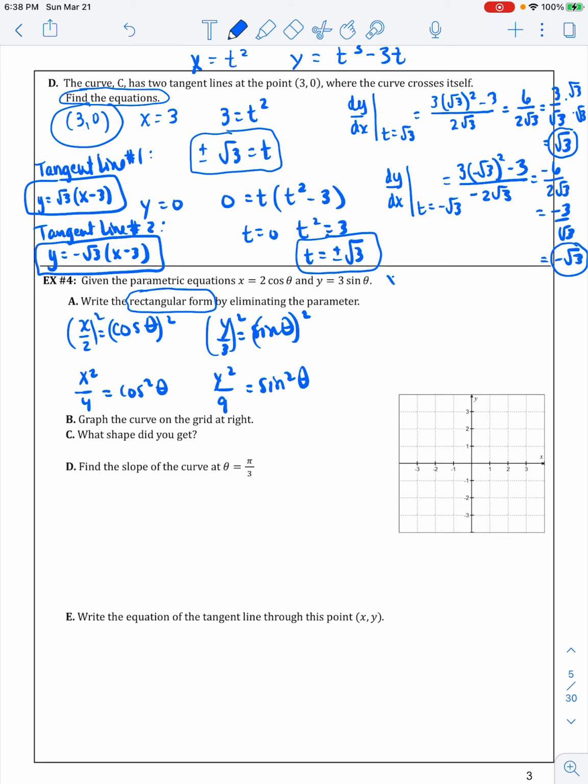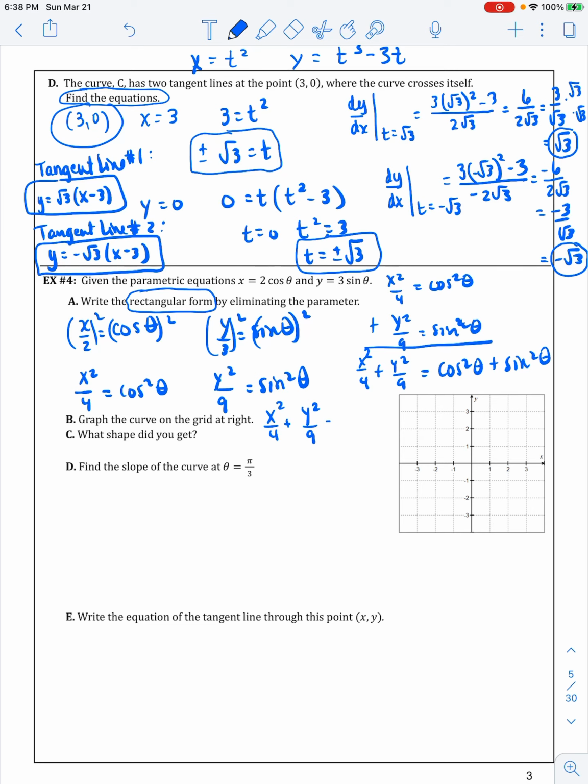So now, if I take this x squared over 4 equals cosine squared theta, and y squared over 9 equals sine squared theta, and I add those together, I get x squared over 4 plus y squared over 9 equals cosine squared theta plus sine squared theta. And hopefully you remember that that is your Pythagorean identity, and that leaves you with a rectangular form of x squared over 4 plus y squared over 9 equals 1.